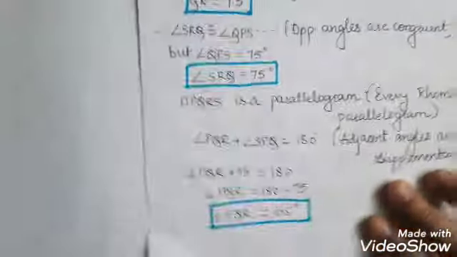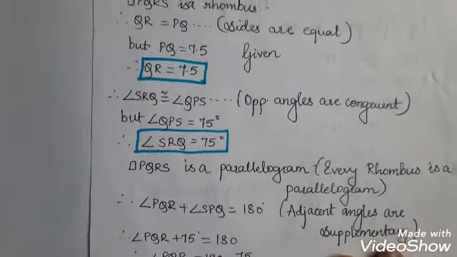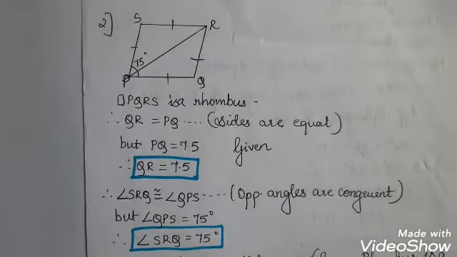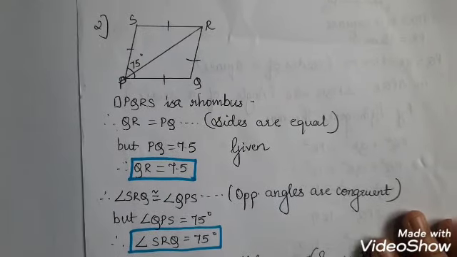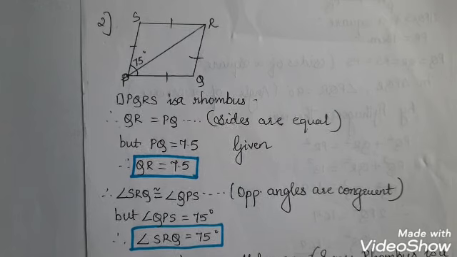Next, second question. PQRS is a rhombus. PQ is 7.5.